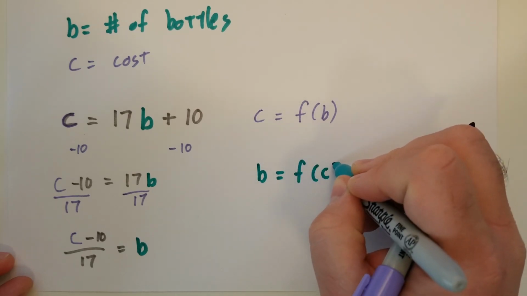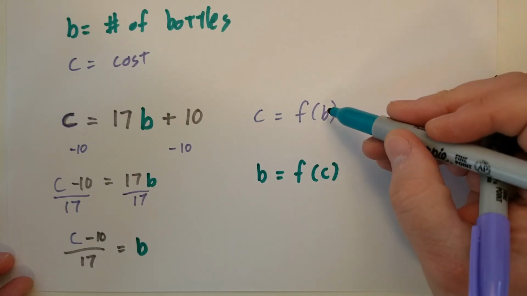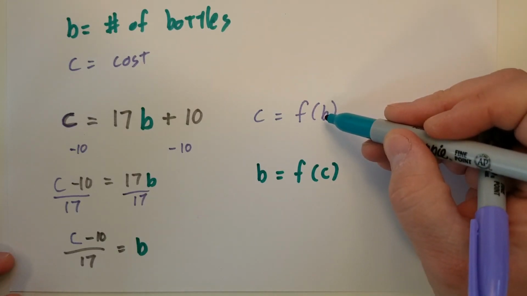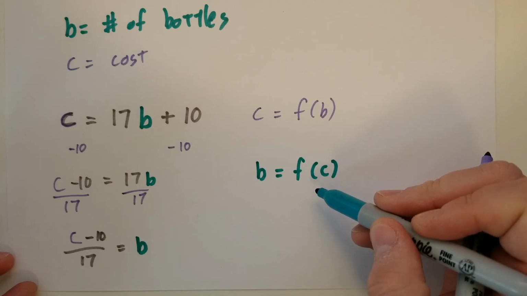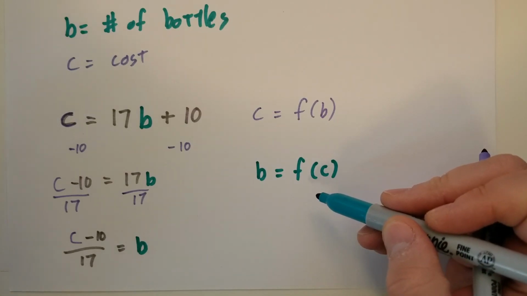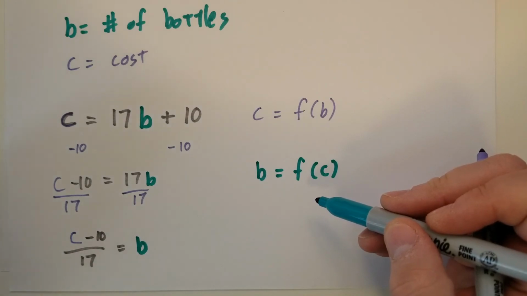And it really depends on what's on your mind. Is it how many I need to buy, a whole bunch of bottles, what's that going to cost me, versus I have a certain budget to buy hand sanitizer, how many bottles can I buy for that? Neither way is better or worse than the other, but they are taking two different perspectives on the same situation.